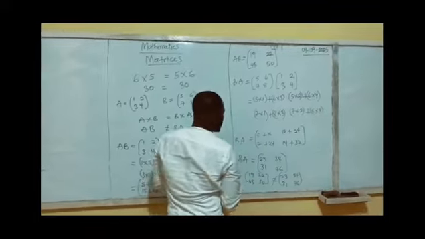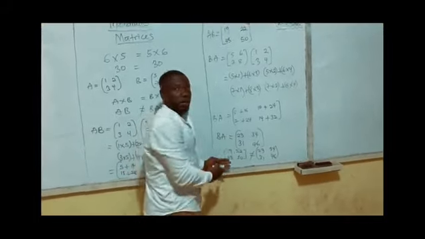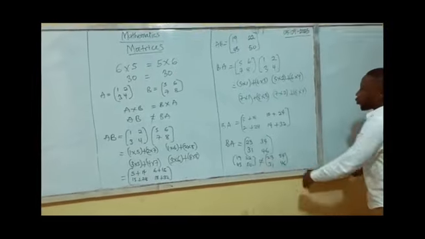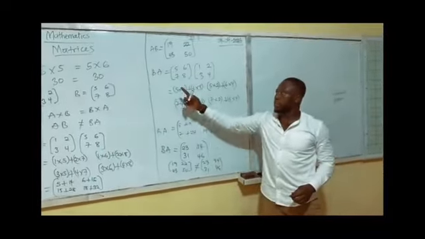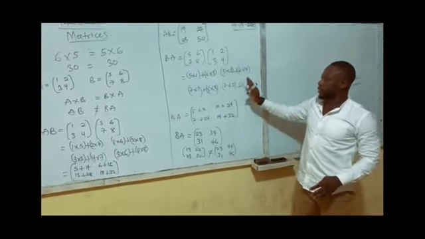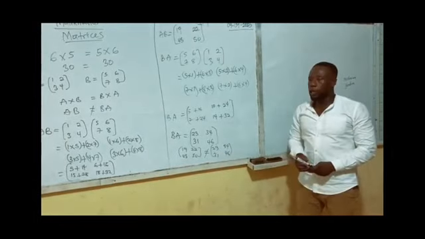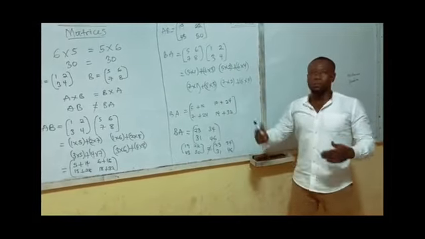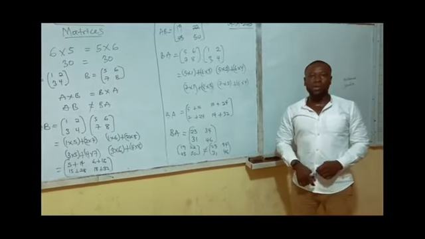The fact that the result of AB is not equal to that of BA means it doesn't hold, and the multiplication of matrices is not commutative. I hope this rules out the misconception that when you change the positions of matrices, we still arrive at the same answer. Thank you.